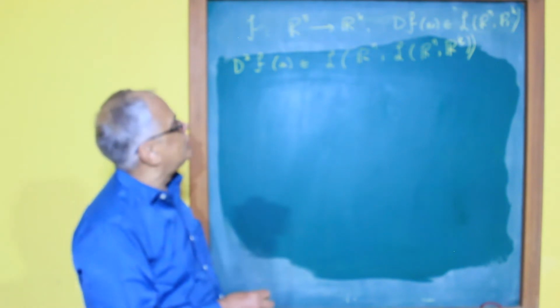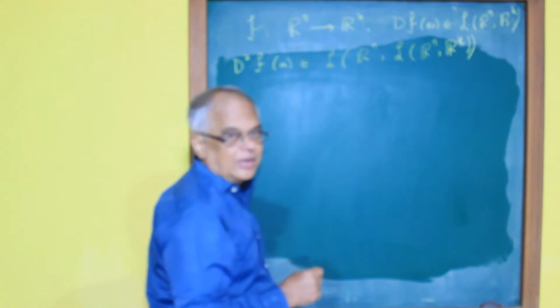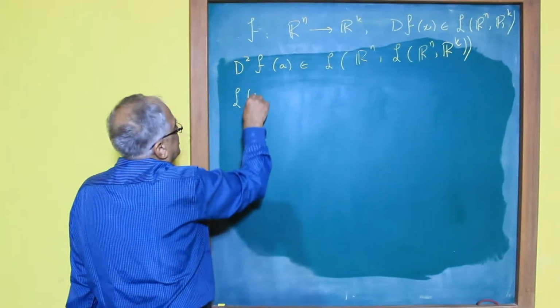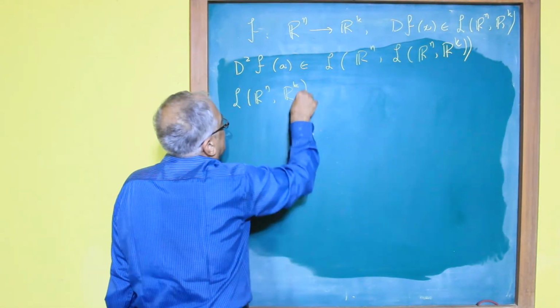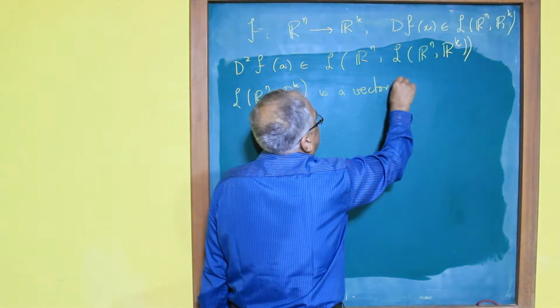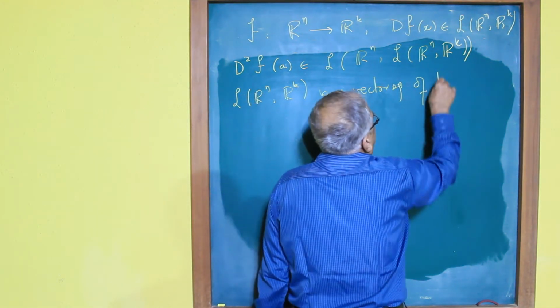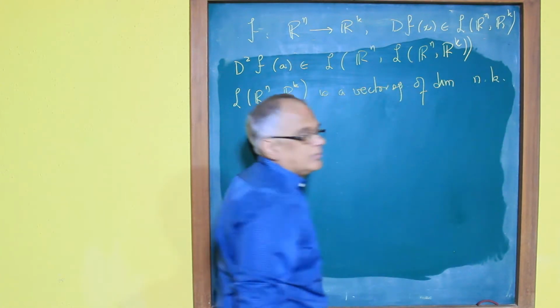Notice that linear maps from Rn to Rk is a vector space of dimension n times k.